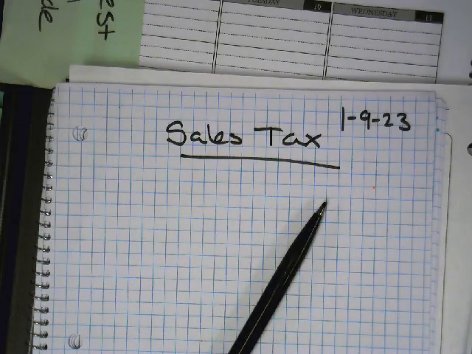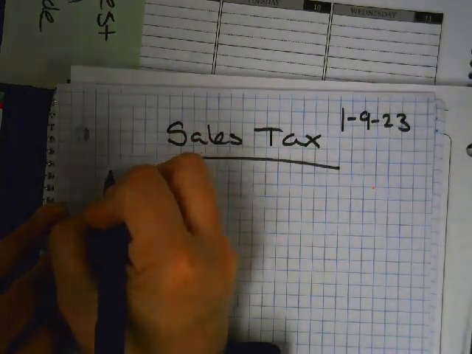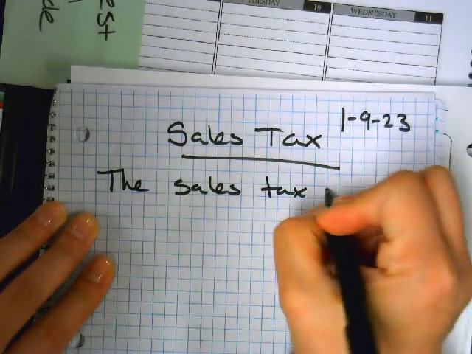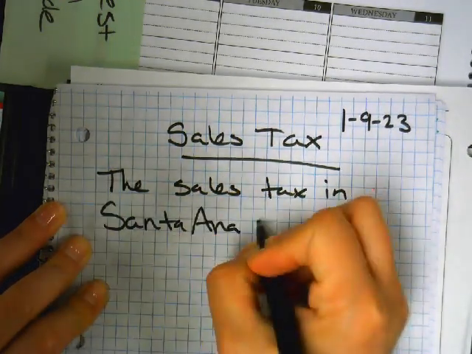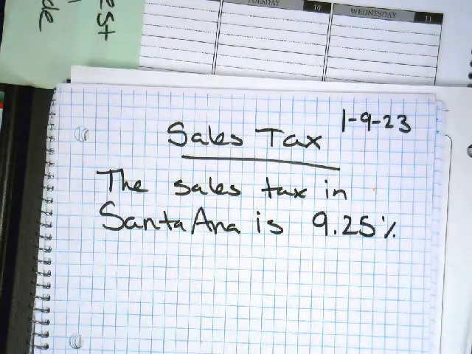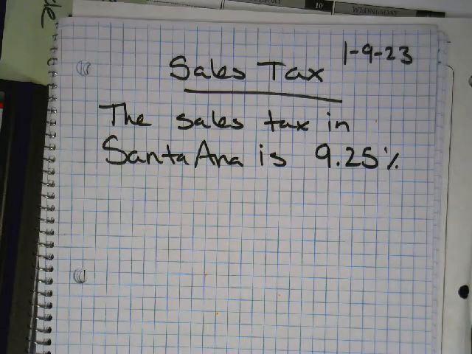The sales tax in Santa Ana is 9.25%. So if you buy anything other than food, you'll be charged sales tax.